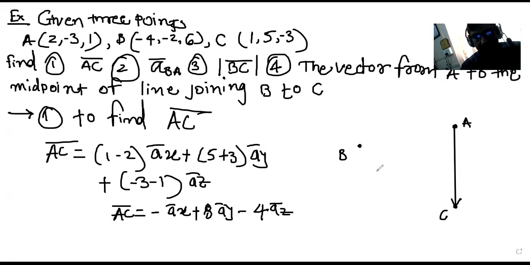Everyone getting this answer? Can someone respond? Are you getting this answer? AC bar is equal to minus a bar x plus 8 a bar y minus 4 a bar z. Are you getting this answer? Yes. Okay.